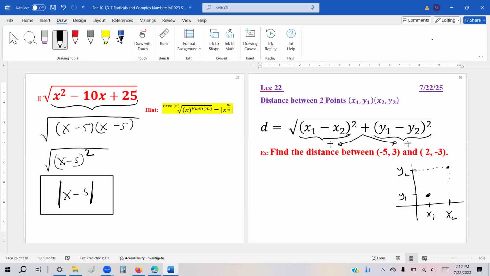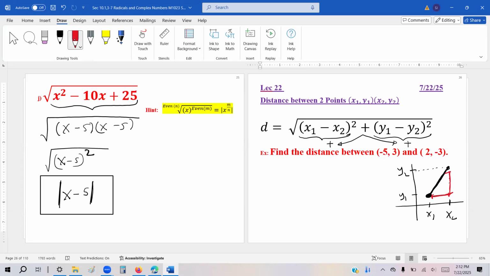To find the straight distance between the two points, we take how much their difference is in x and y, like how much is the distance between x2 and x1, and how much is the distance between y1 and y2.